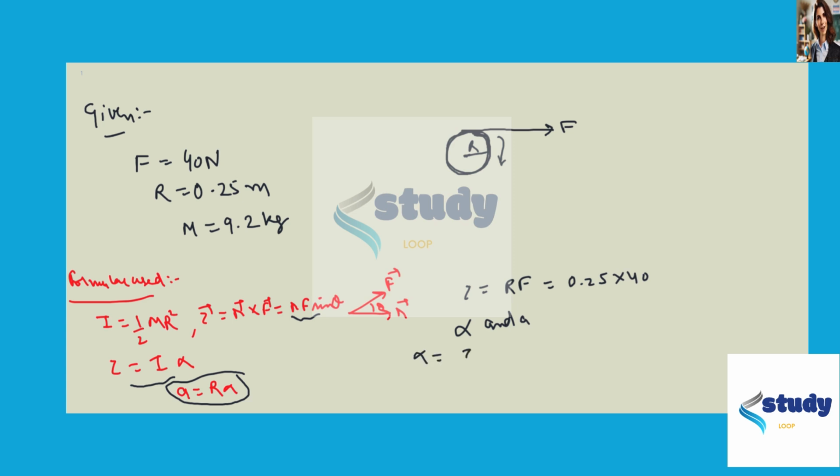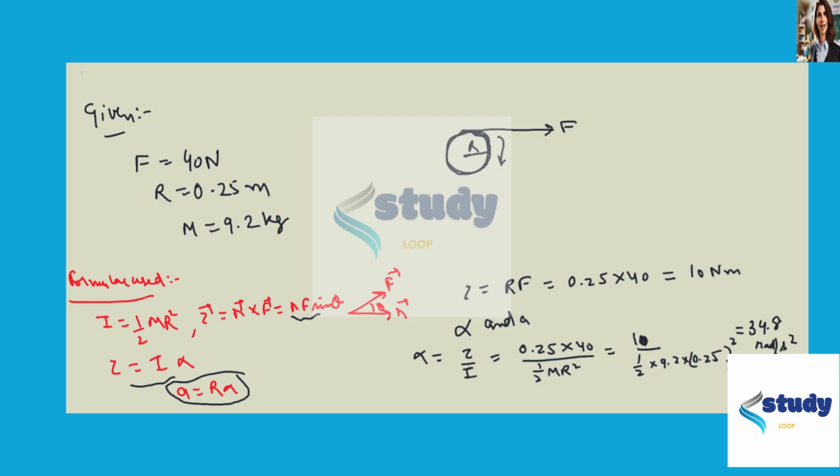So finding alpha, we have alpha equals torque over I. Torque is 0.25 times 40, which equals 10 Newton meter. Putting in the value, I is half m r square, mass is 9.2 kg, r is 0.25 meter. So this is 10 over half times 9.2 times 0.25 whole square, which equals 34.8 radian per second square.